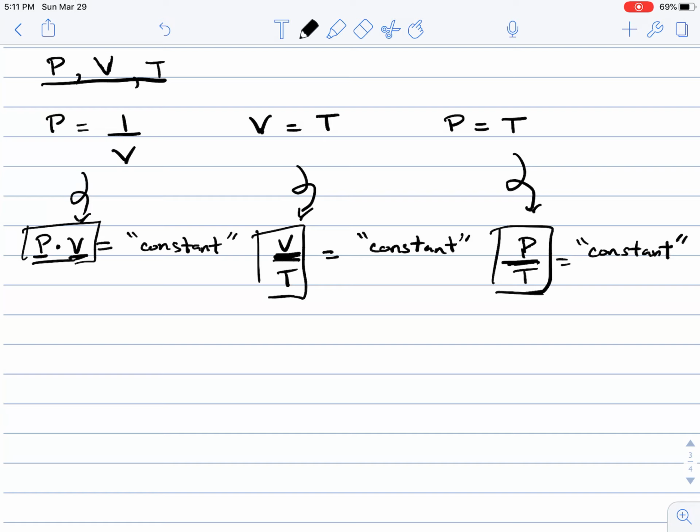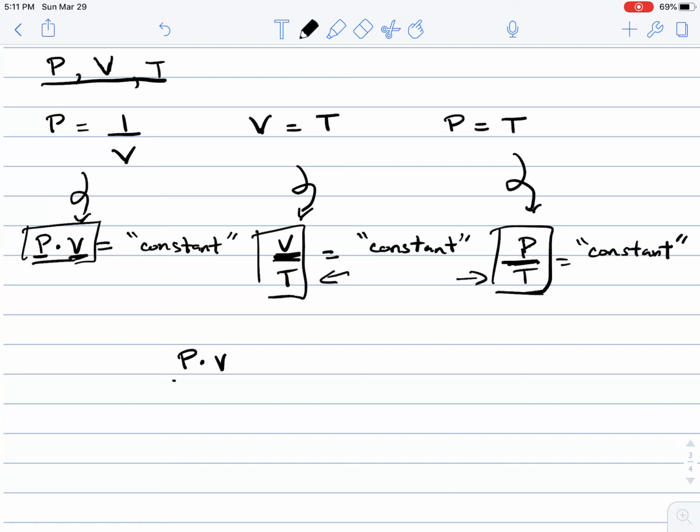So if we combine all of these together, we just get P and V. Now if you look at the denominator in these two relationships, it is temperature.